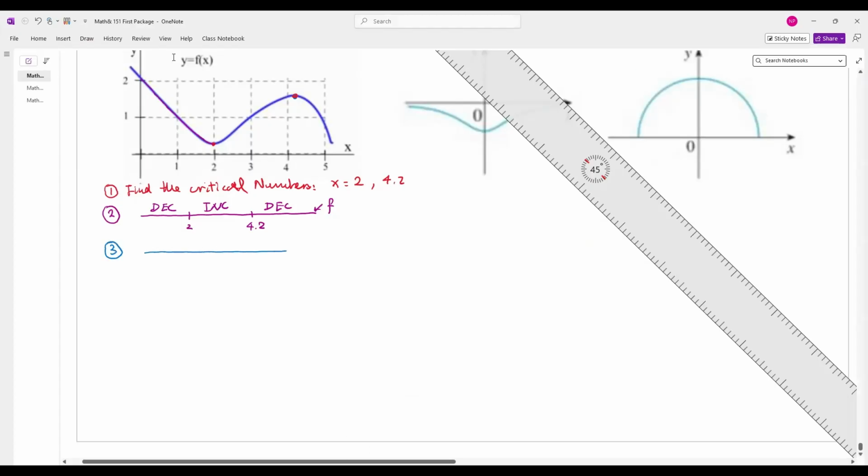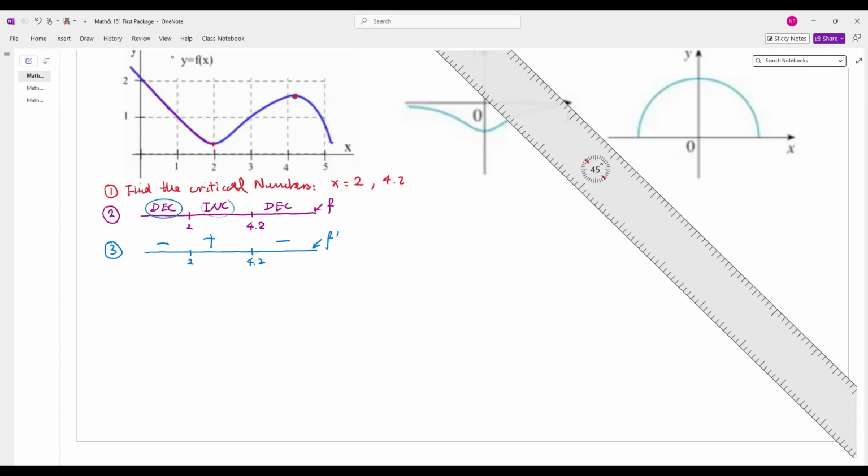Then for f prime, again, I indicate the critical numbers, 2 and 4.2. If the function is decreasing, then f prime is negative; increasing, positive; decreasing, negative.